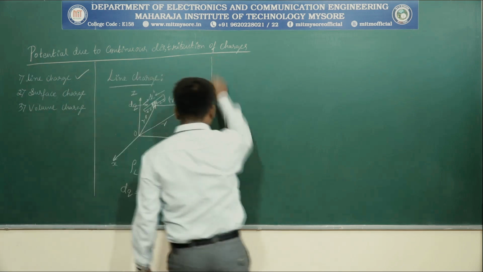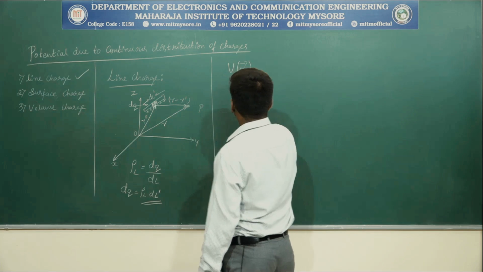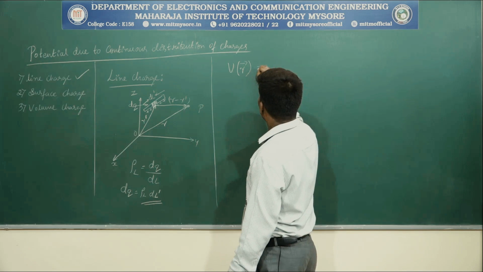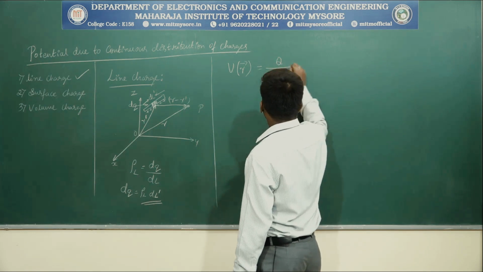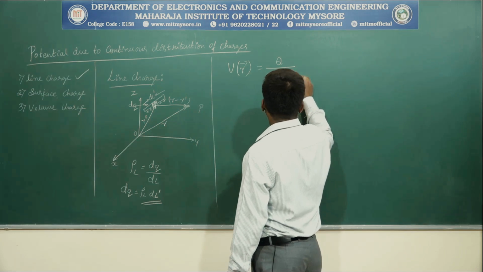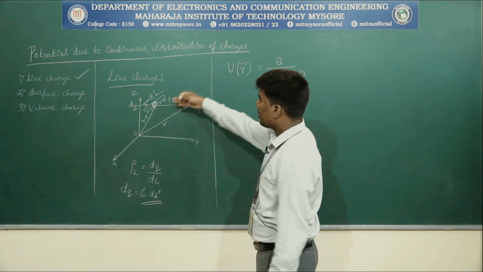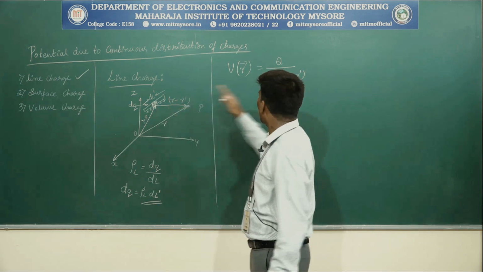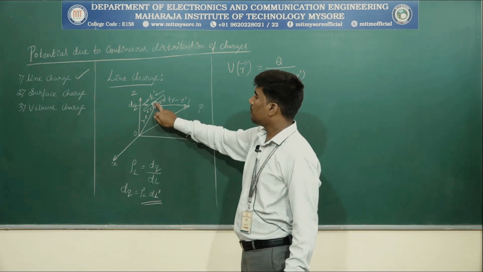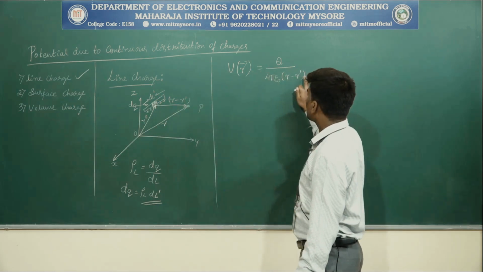Now what is the expression which we have derived for V? The potential is given by q divided by 4 pi epsilon naught |r minus r dash|, right? So when the charge is placed other than the origin, this is the equation. r dash is the distance from the origin, so the separation becomes r minus r dash.